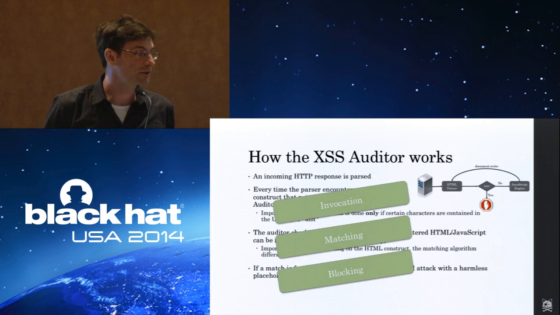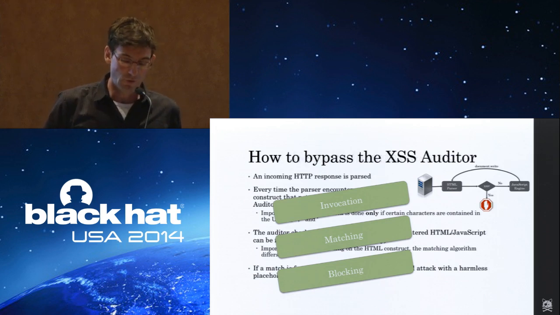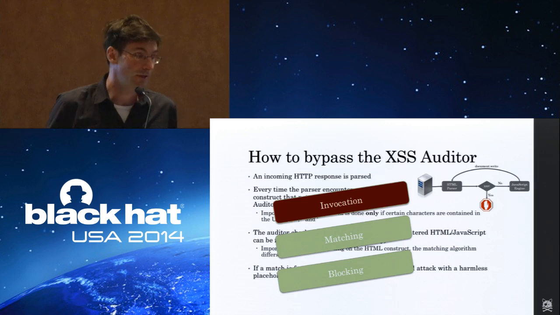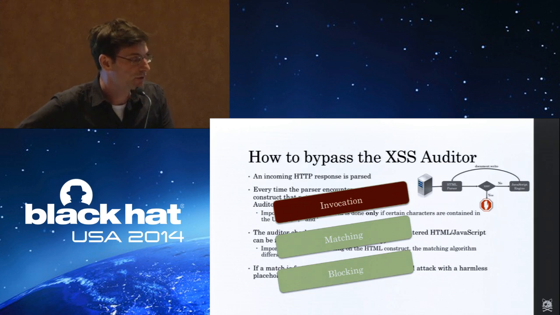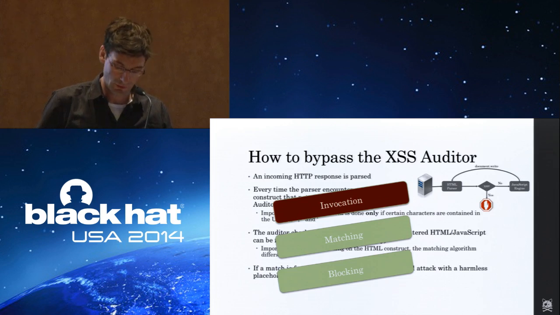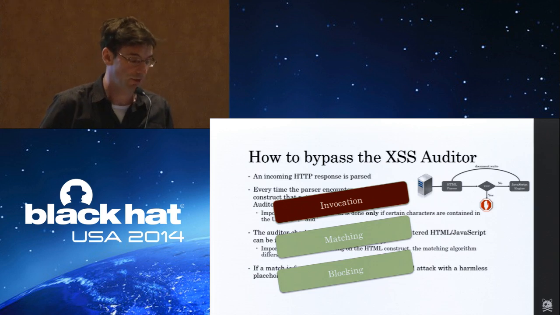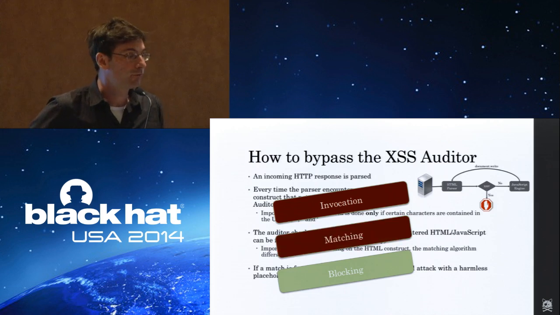You can either try to build a bypass that avoids the invocation step. So you build a payload that somehow executes JavaScript without meeting one of the conditions that need to be present for the XSS auditor to become active. Or otherwise, you try to fool the string matching, because this is what it boils down to.